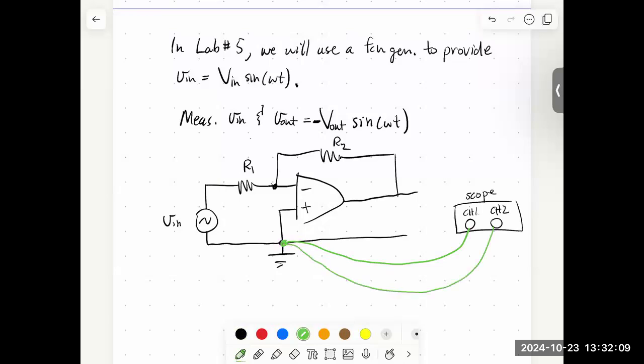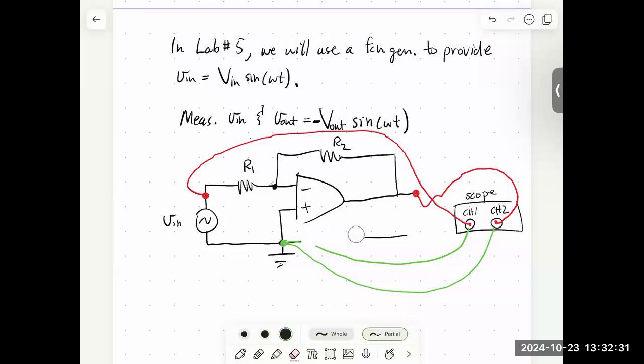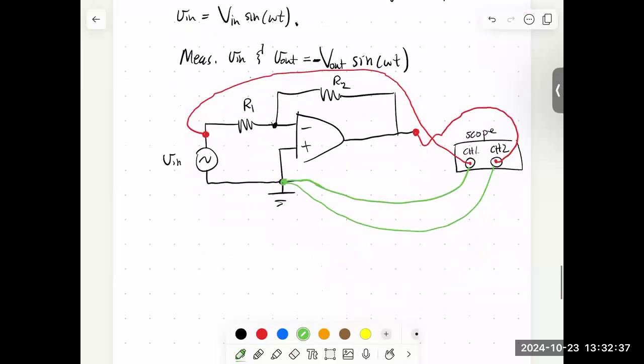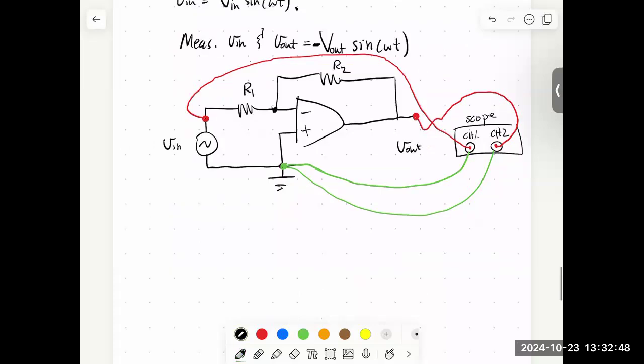Okay, so that's important. And then what we'll do is we'll take channel 1, for example, and we'll measure the input voltage, and then we'll take channel 2 and we'll measure this output voltage. So in fact, what I could do is I can get rid of this line here because we've got our ground connection here. So channel 1 of the oscilloscope will measure the input voltage. Channel 2 will measure the output from our op amp, so V out. Okay.